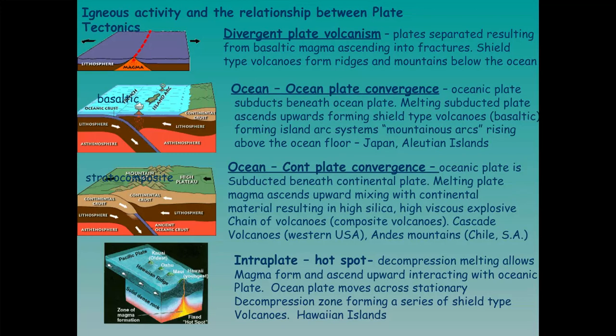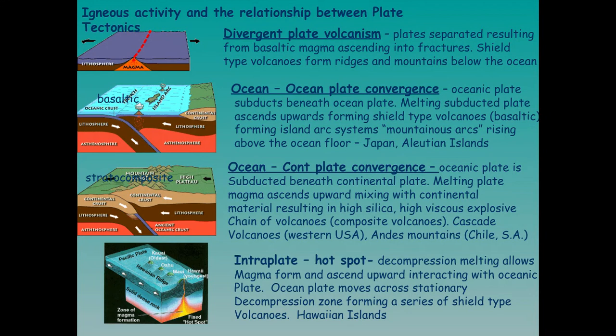And so this is a very important slide because it brings together igneous activity, the type of volcano, with the relationship to plate tectonics. So at this point, you should now be able to think about the plate boundaries with respect to the earlier lectures on plate tectonics, and bring that together to be able to describe the different types of volcanoes that can occur on the Earth's surface.